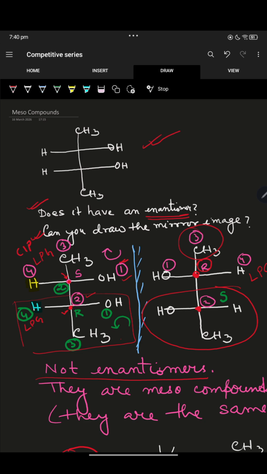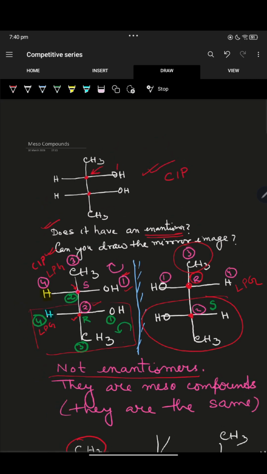Here we can see that this compound has two chiral centers. These are the chiral centers. If we see the first chiral center, as per the CIP rule, this OH is 1, having maximum priority as per maximum atomic number, because oxygen is attached.